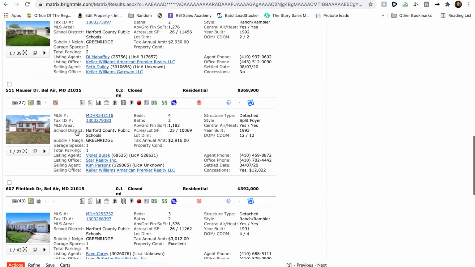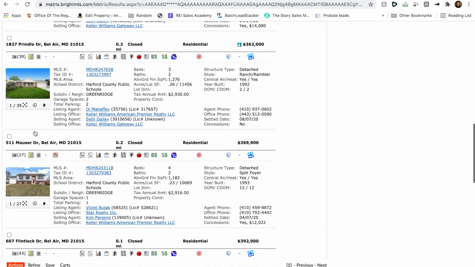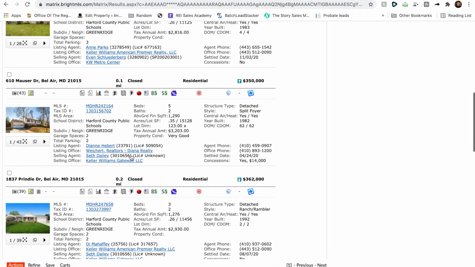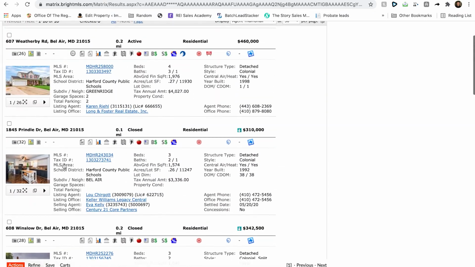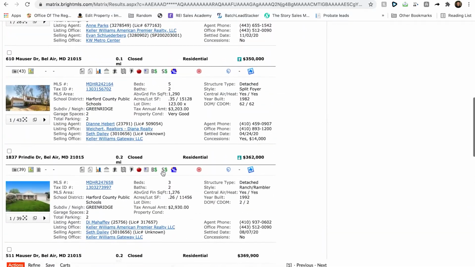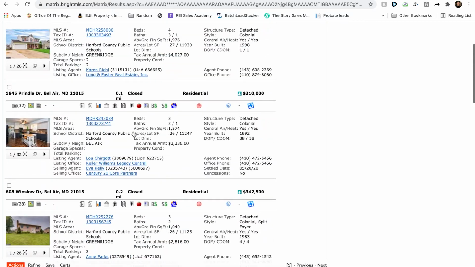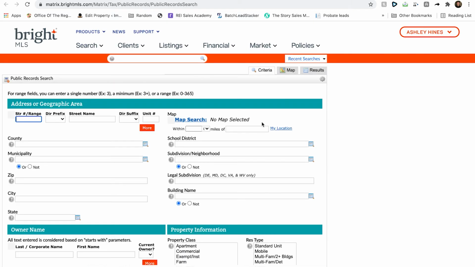There's a rancher in there and another rancher. So in the same neighborhood, we're going anywhere from 310 up to 450, so I know that's my range. And now from this list, I'm going to make sure that I know the exact size of the house that we're talking about.